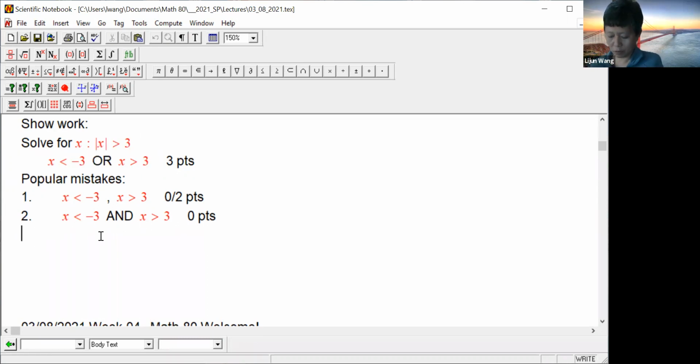Now there's a third one. The third mistake, which I see very, very often, is the student would write x larger than 3, -3, larger.